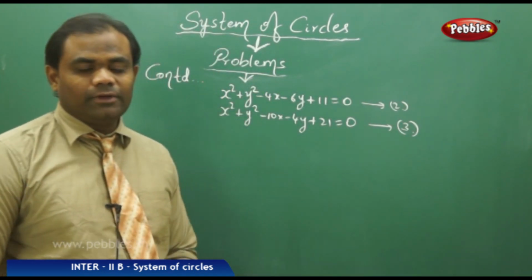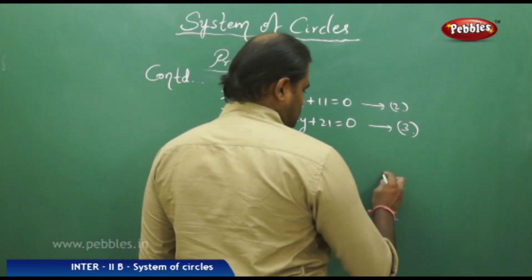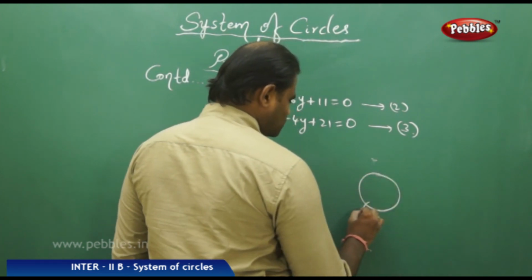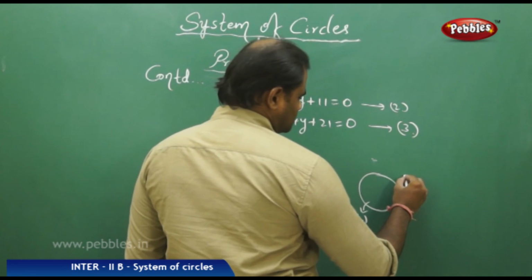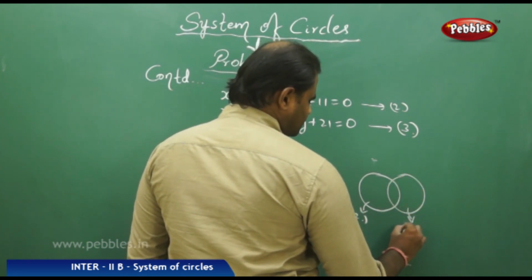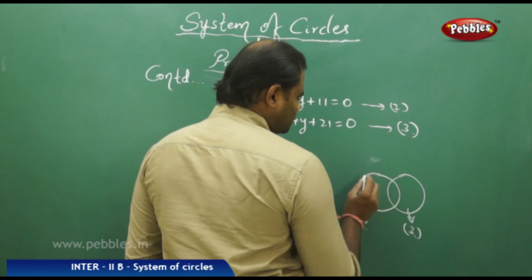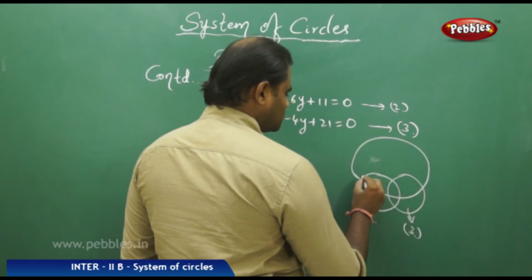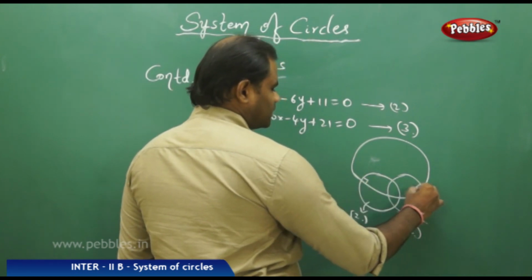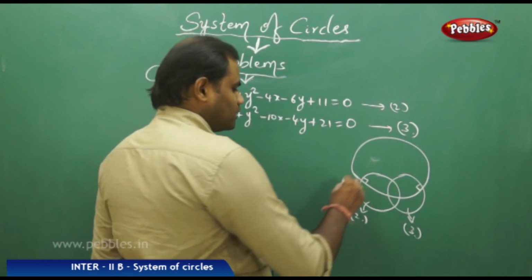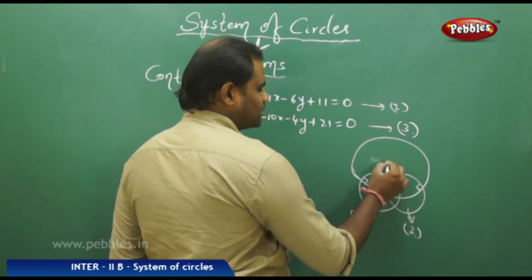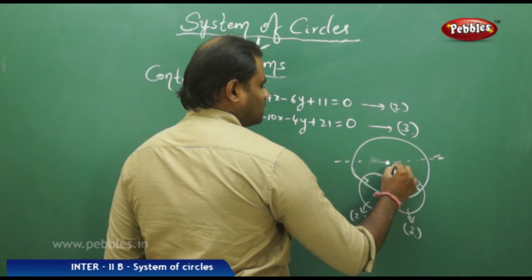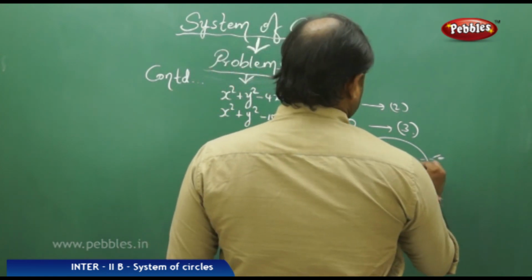Now with the given problem, we assume that if I would like to find the equation of the circle which cuts the circle with equation 2 and the circle with equation 3 orthogonally, that is at 90 degrees and at 90 degrees, then we have to find the circle which cuts this circle at 90 and this circle at 90 and has its diameter on the line 2x plus 3y equals 7.